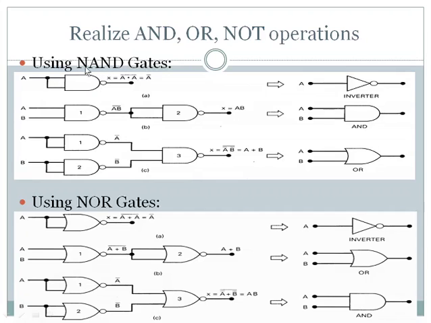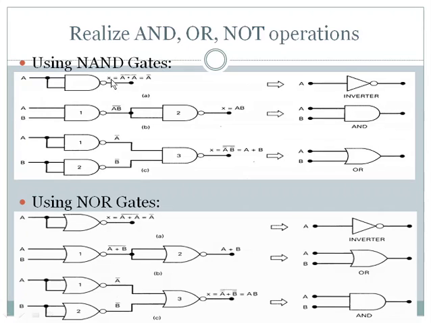So if you take a 2-input NAND gate, and if you tie the second input to the first input of the NAND gate, that means you can give only one input. Here you consider that input as the input variable A, and then what will be the output of the NAND gate?